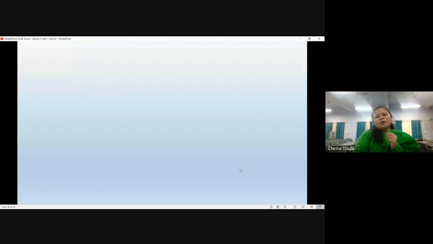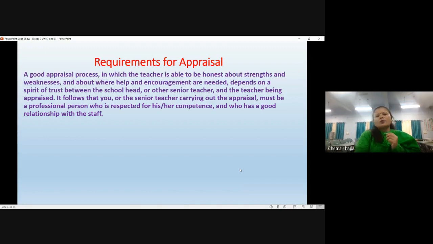Now we will talk about the requirement for appraisal. Why is this staff appraisal required? When there is a good appraisal process, the teacher is very honest about his strengths and weaknesses. He knows where he requires help and where he requires encouragement, when it is needed. And there is a spirit of trust between the school head and the teachers.